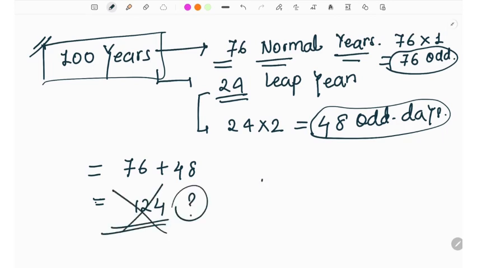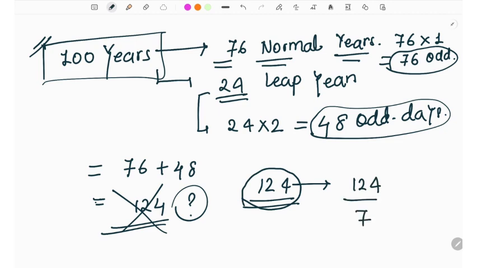No. These 124 days will now get converted into weeks. Why are we just simply leaving these days? So if I look at the total number of days, 124, and start converting it into weeks, I'll divide it by 7. Why 7 only? Because 1 week consists of 7 days, correct?